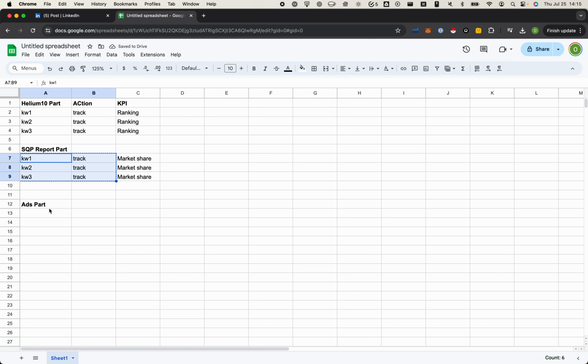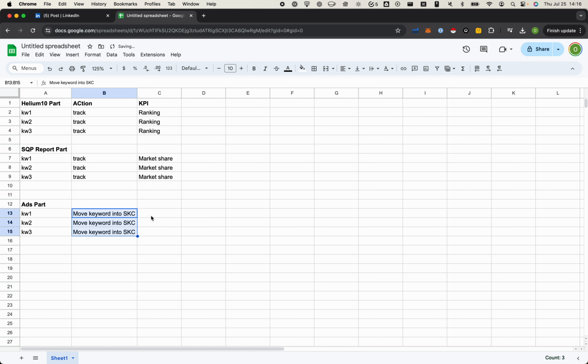And the ads part, the action we are doing is move keywords into single keyword campaigns. Make sure that the traction is only on the single keyword campaigns, and cut the budgets gradually.